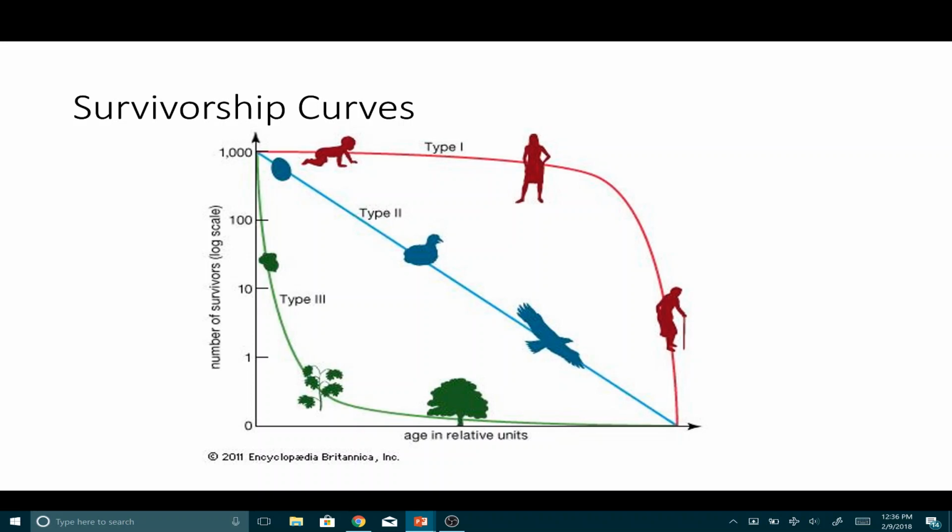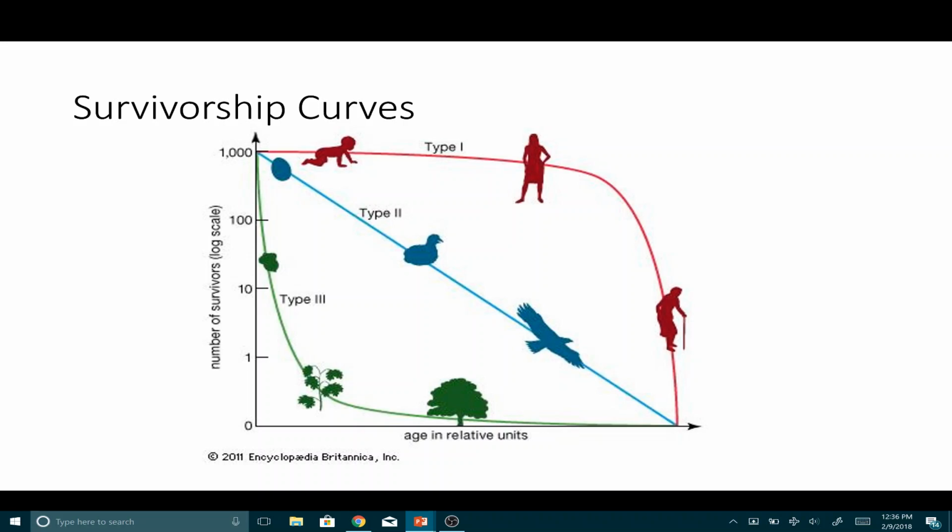And then in type 1, these organisms are, for example, humans, or these are more K-selected species. Because of the parental care and because of the small numbers of organisms in parental care, these are organisms that are going to survive very well at an early age, and then later on the numbers in the population are going to decrease significantly as they get older.